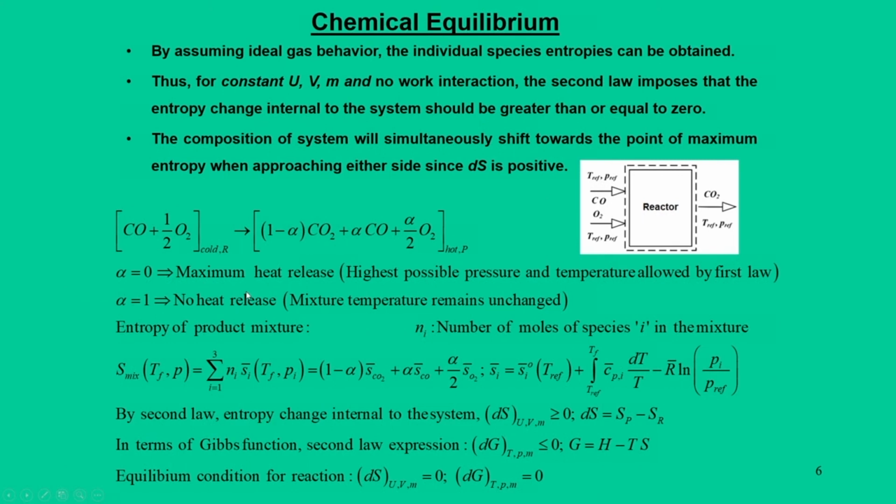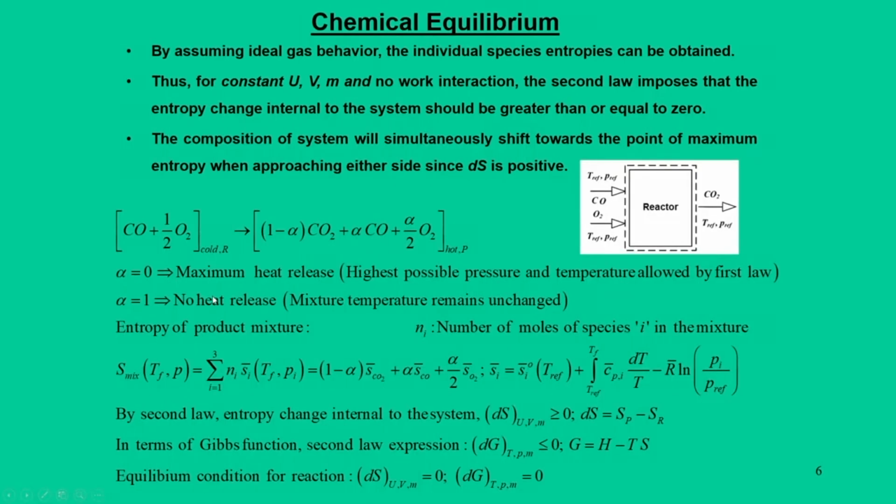Now, if you look at these particular equations, let us try to evolve what the first law of thermodynamics tells and what the second law of thermodynamics tells. If you look at the equations, when alpha is 0, it is a completely balanced equation, which means the reaction has taken place and maximum heat has been released, and that is what we can evaluate with respect to the first law.